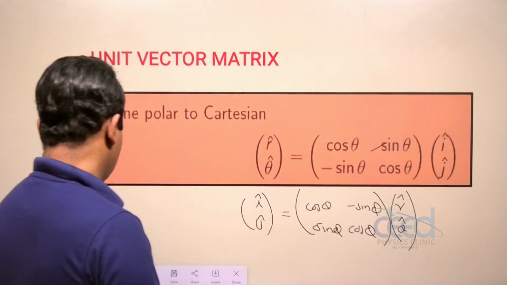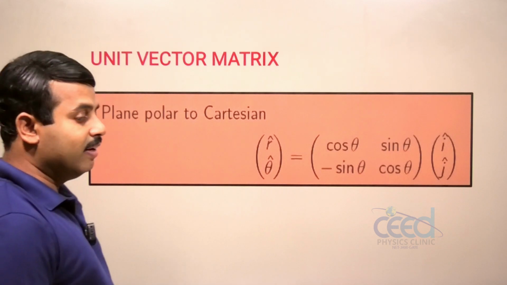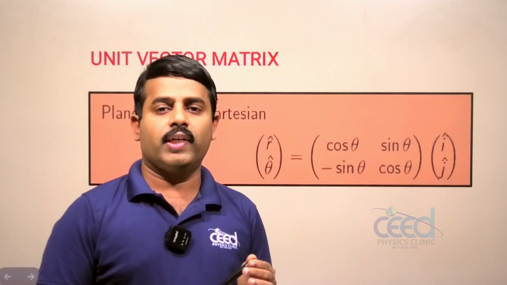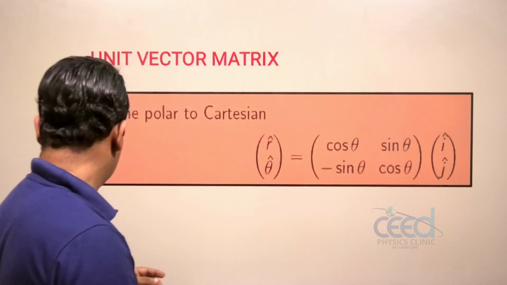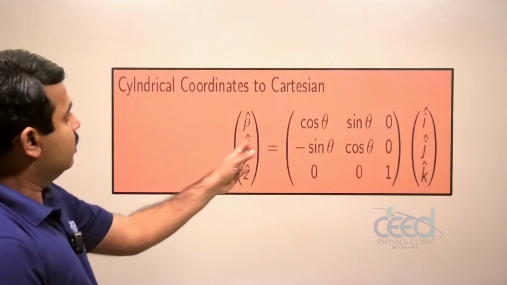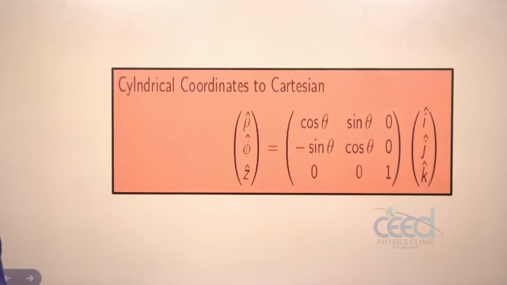Now let us come to how the cylindrical coordinates can be represented in terms of i cap, j cap, k cap, right, alright. See, that is given. How do we reach this expression? Let us see.